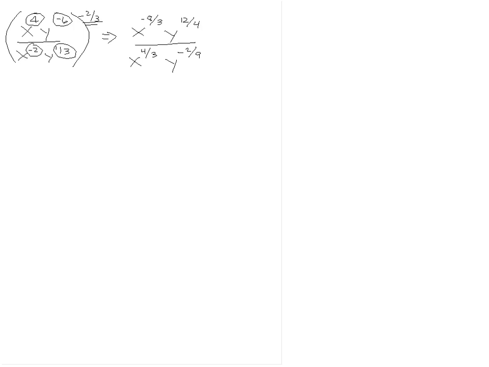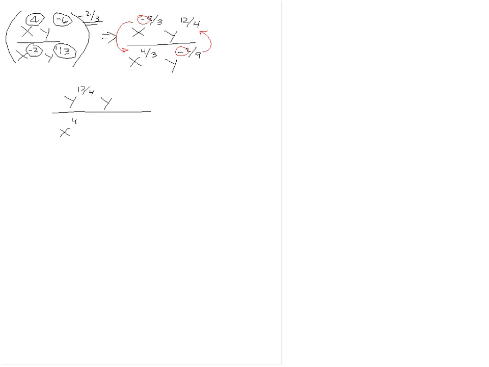Now, where do I have negatives? Right here and right here. So this has to come down and this has to come up. That would be the next thing you do, you get rid of the negatives. So on the top, the y to the 12/3 stays, and I bring up the y to the 2/9.